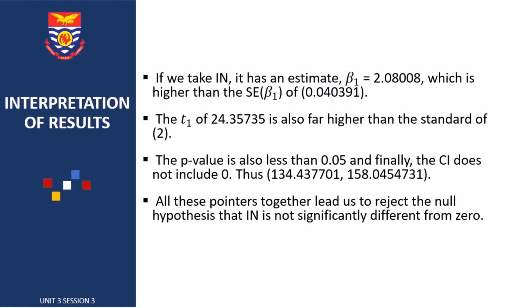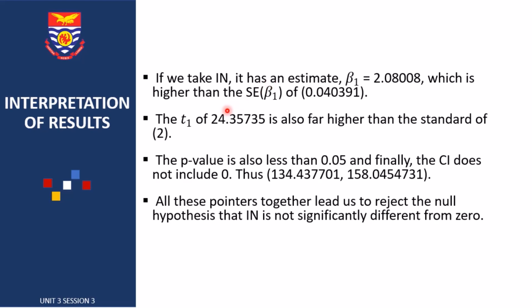If we take IN, which represents income level, for instance, it has an estimate coefficient, this is beta 1. So the beta 1 coefficient is representing the income estimate coefficient, which is 2.0800, which is higher than the standard error of the equation, which was 0.04039008.